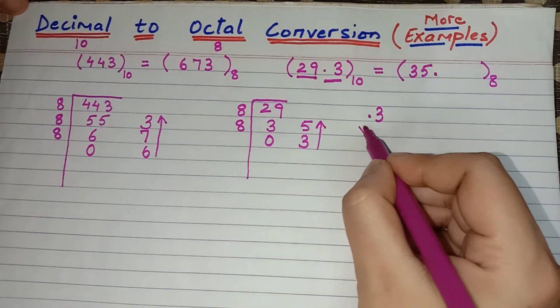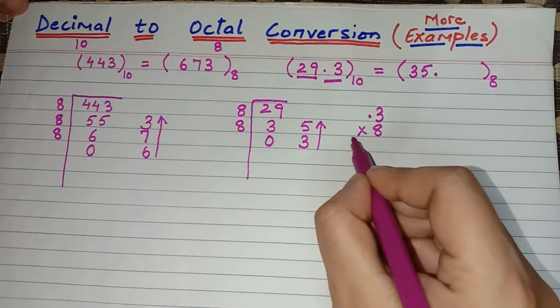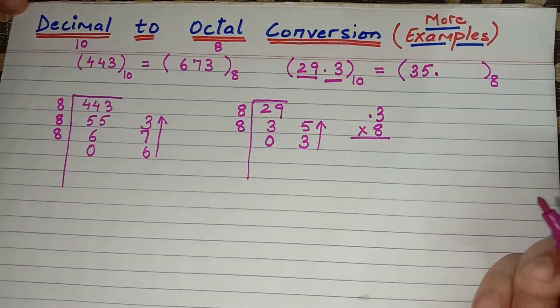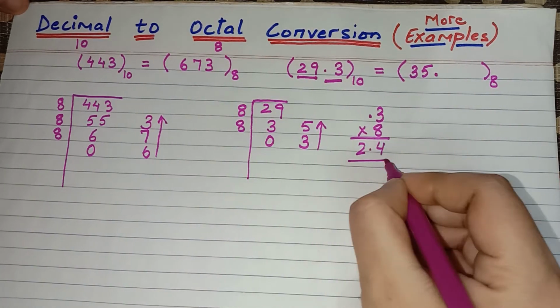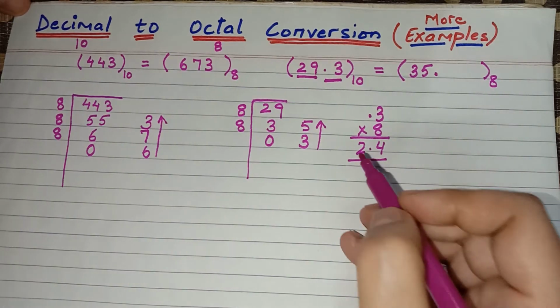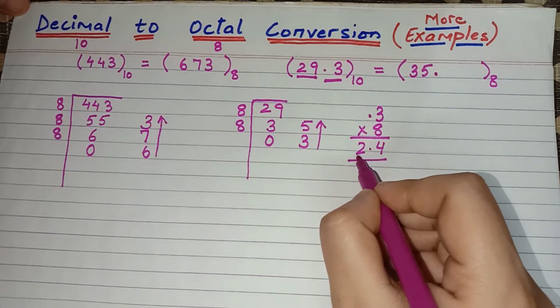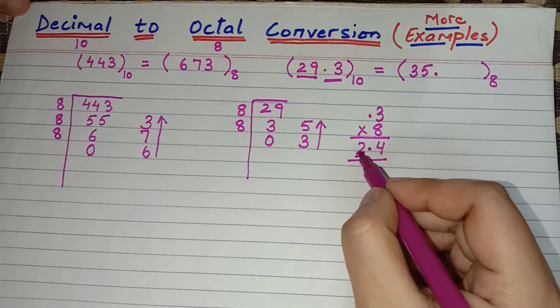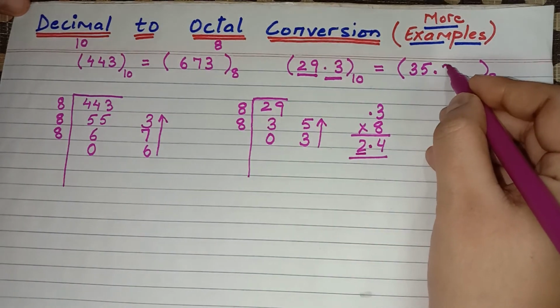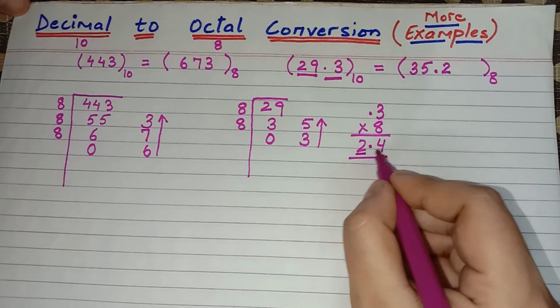Now we are going to multiply this number by 8. 0.3 into 8 will be equal to 2.4. So the digit on the left hand side of the decimal will be taken in the final result.